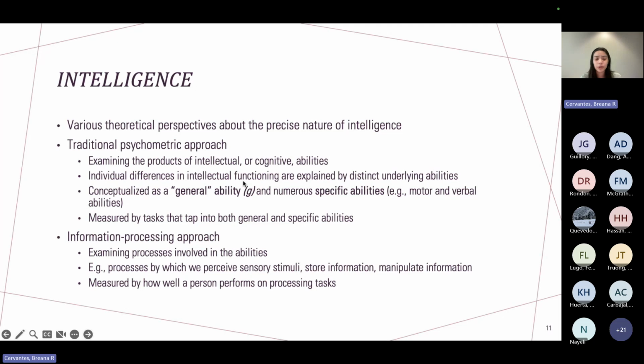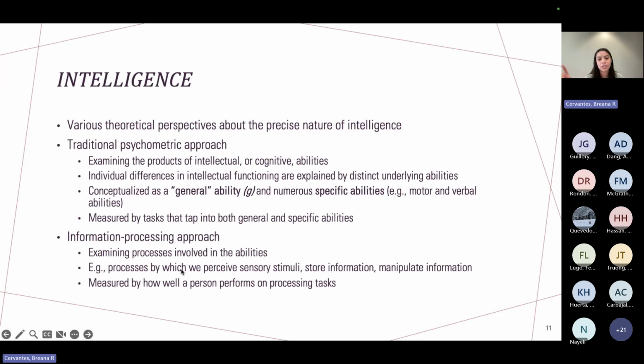That's a traditional approach. There's also an information processing approach, and this is looking at the processes that are involved in abilities. So what's the process by which we perceive sensory stimuli, store information, manipulate information? To me, this is more of like a computer processing idea. It's like, what is the process?